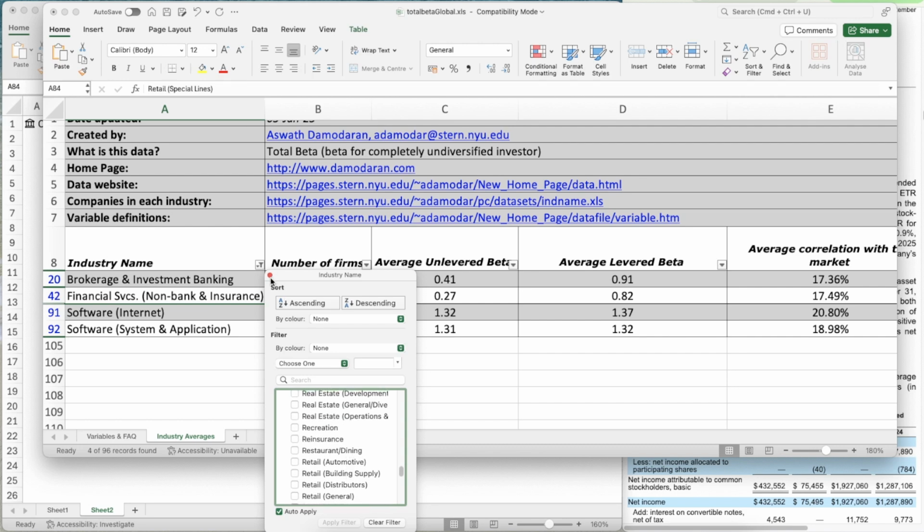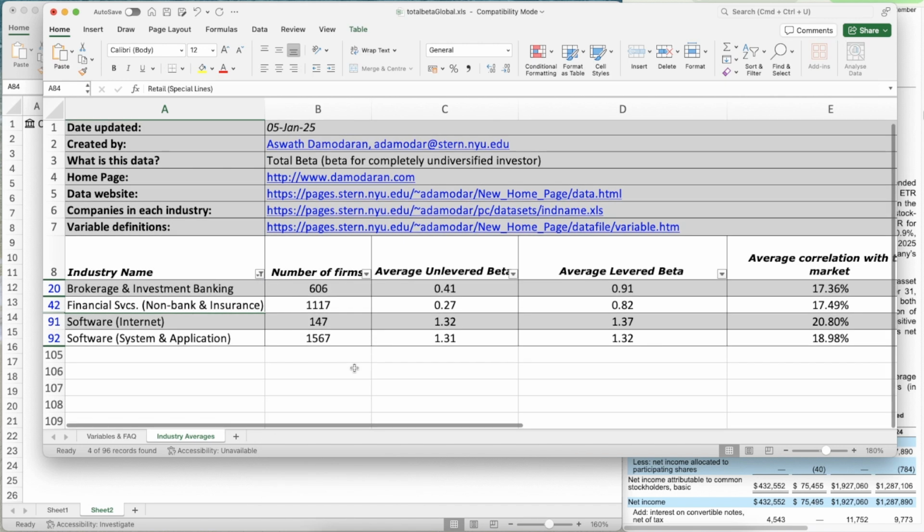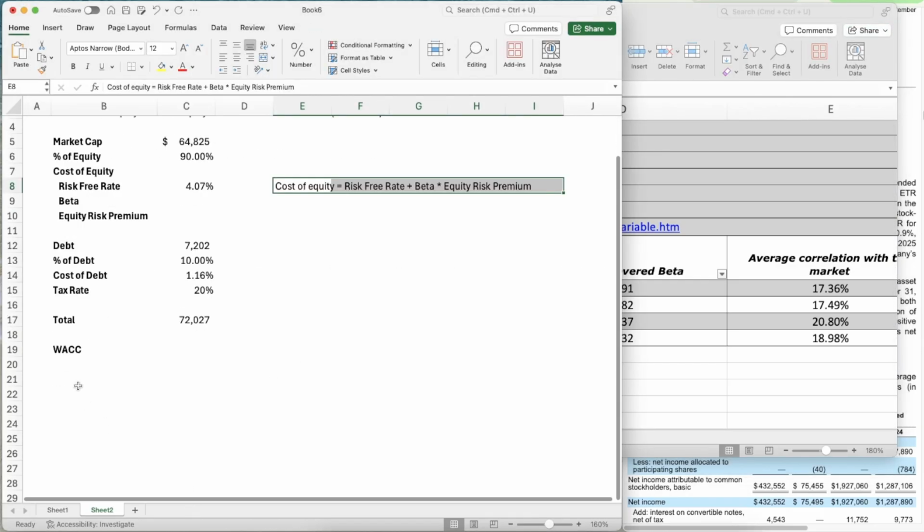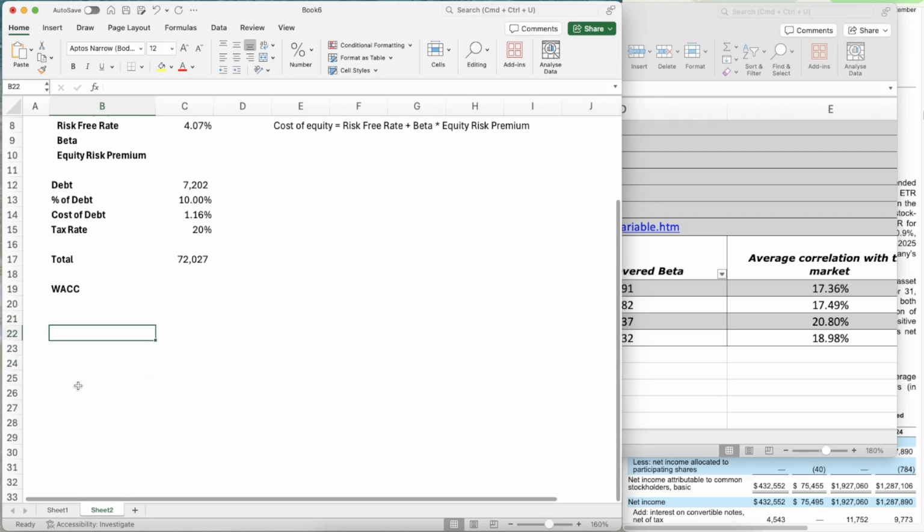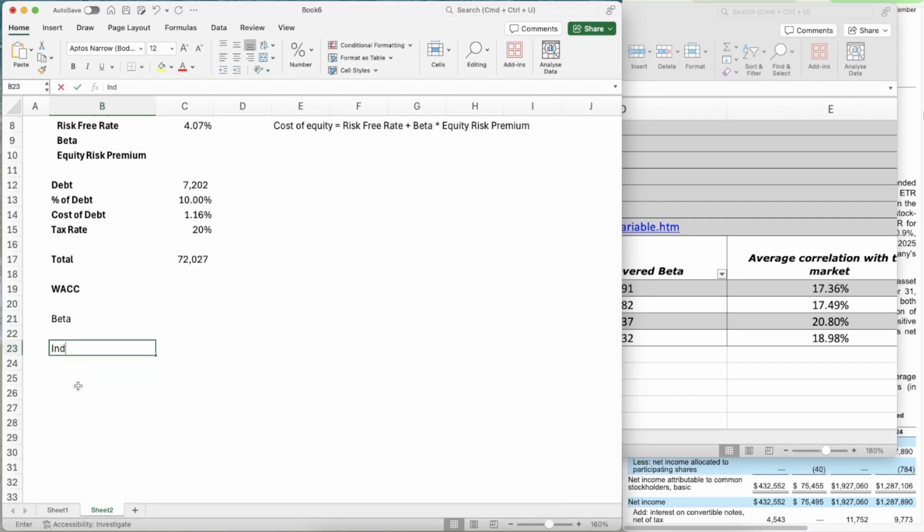See what comes of it. So to calculate the beta, we need the industry, we need the unlevered beta, we need revenue, EV to sales value, proportion, then the weighted beta, and then that can give us what we need.